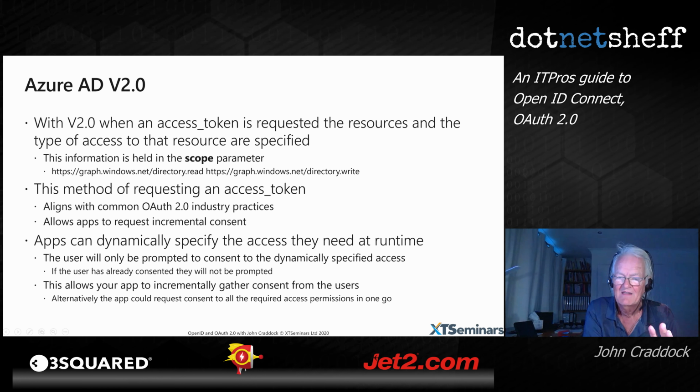Are you okay with that? And the user says yes. And the next thing is they sign in and they're being asked, do you consent to this? And then if the user logs out and logs back in again, they're not going to be asked for consent again because the consent is remembered. And they can carry on using the app. And they may just log in and just use it at a very superficial level.